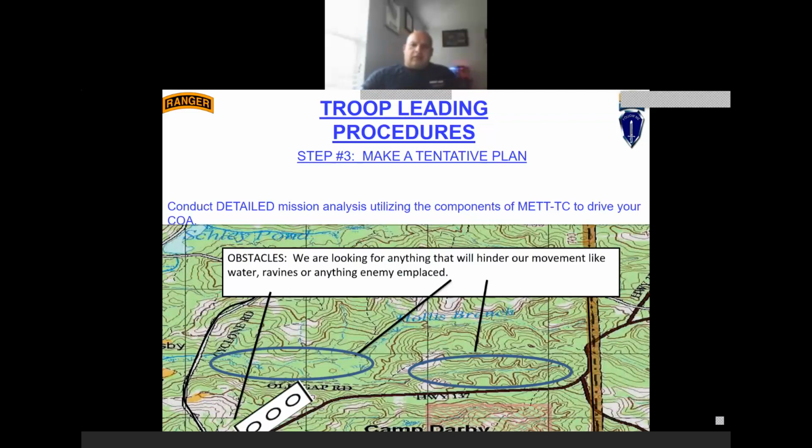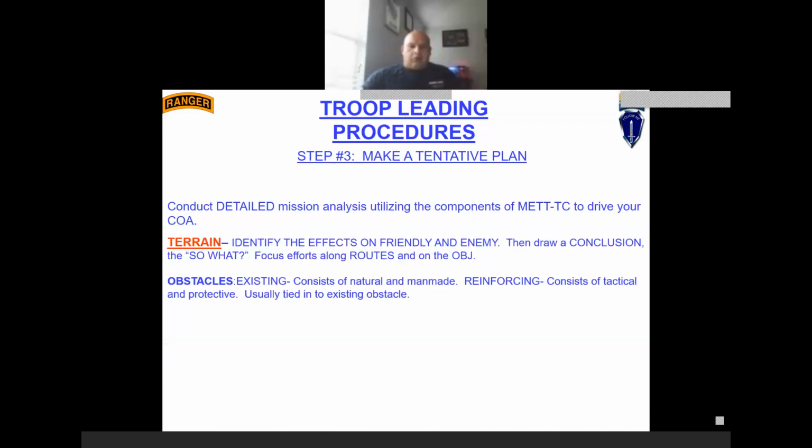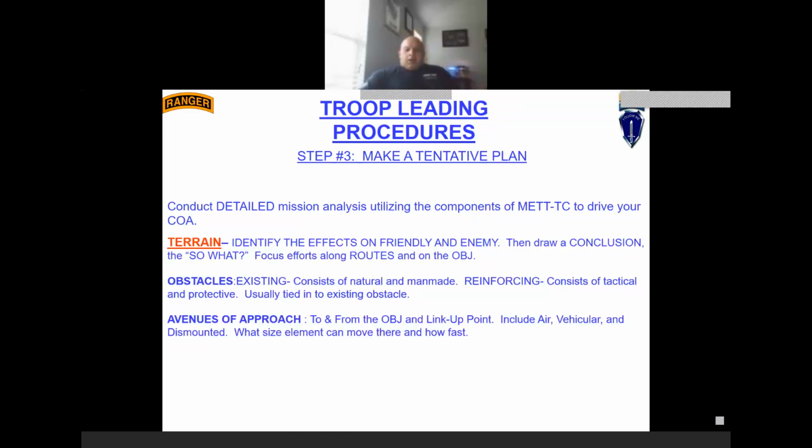Okay. Next, we'll go to avenues of approach. Okay, avenue of approach. An avenue of approach is an air or ground route that an attacking force of a given size uses to reach an objective or key terrain. Avenues of approach include overland, air, and underground avenues.